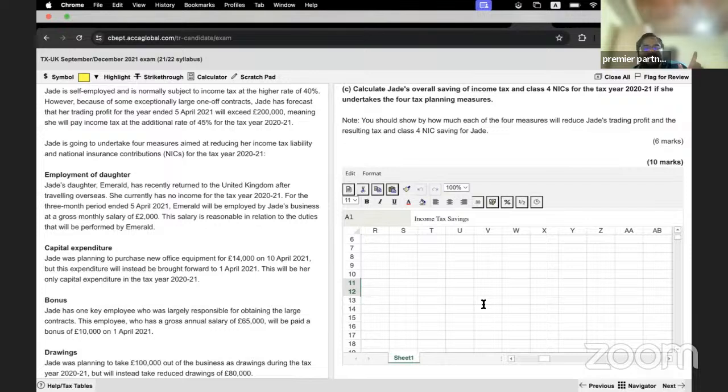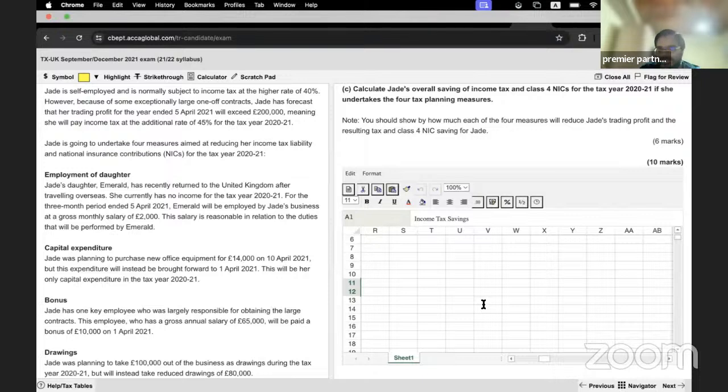Class 1 employer contribution is also coming into the picture, isn't it? Since Jade is employing Emerald and paying a salary, Jade will be liable to pay Class 1 NIC employer contribution for Emerald.